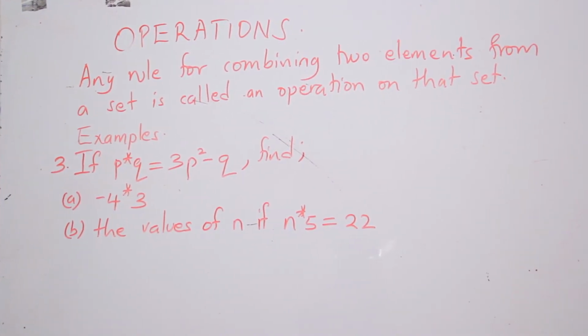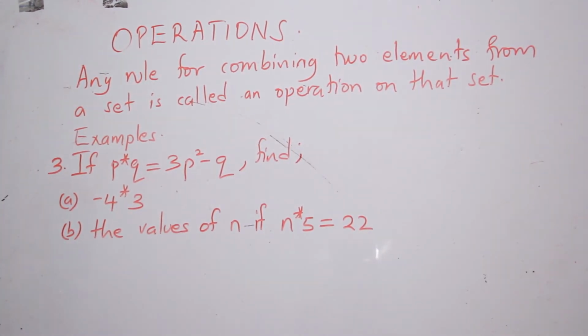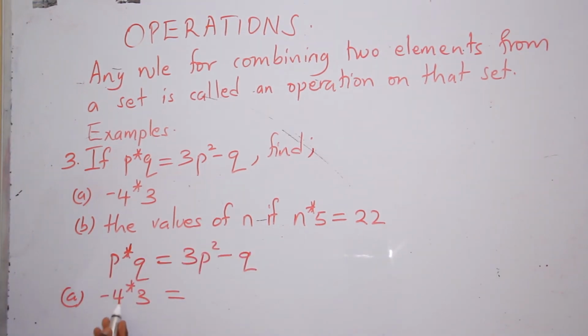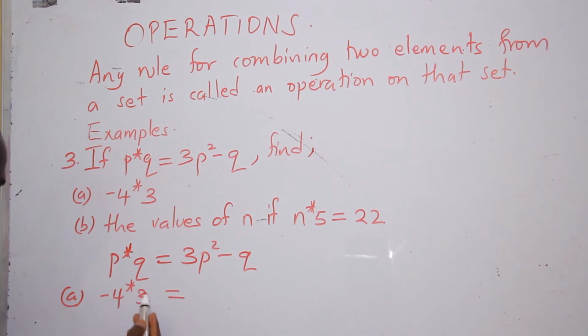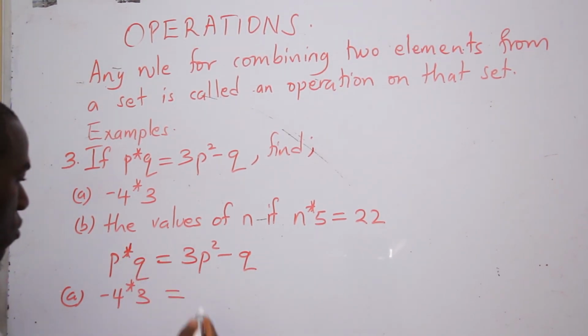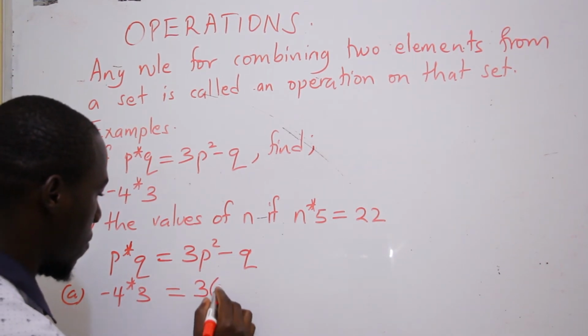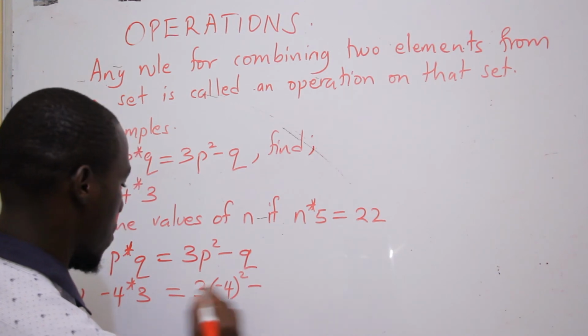Example 3: if P star Q is equal to 3P squared minus Q, find negative 4 star 3. That is, the negative 4 is going to substitute P, and the 3 is going to substitute the Q in that formula. So this is going to be 3 times the negative 4 squared minus the 3.